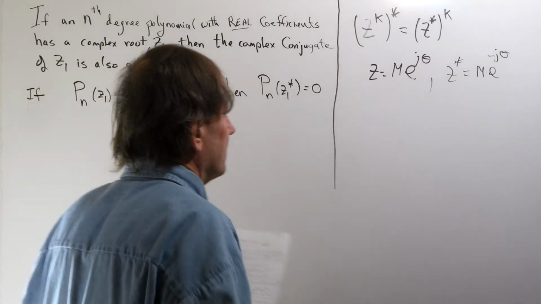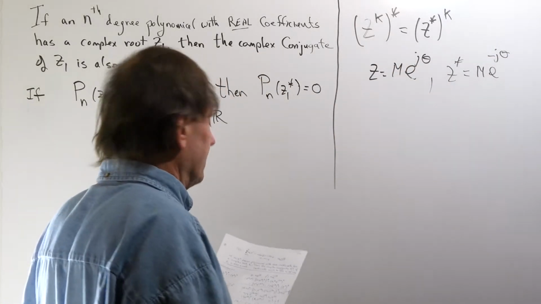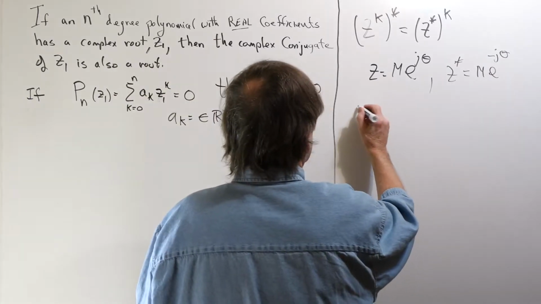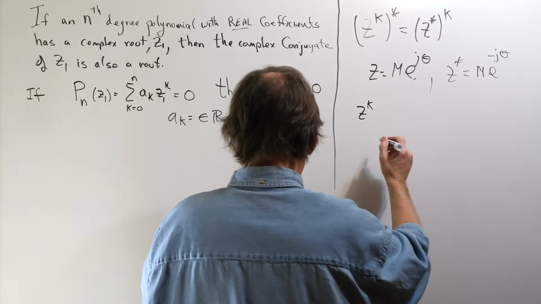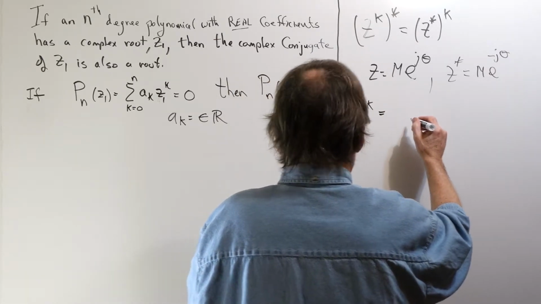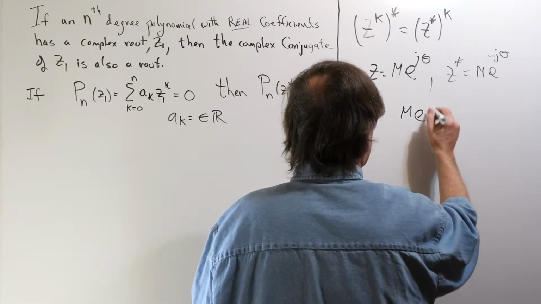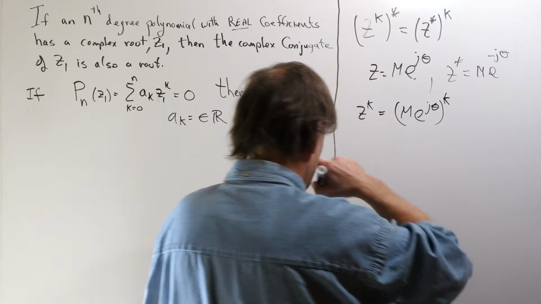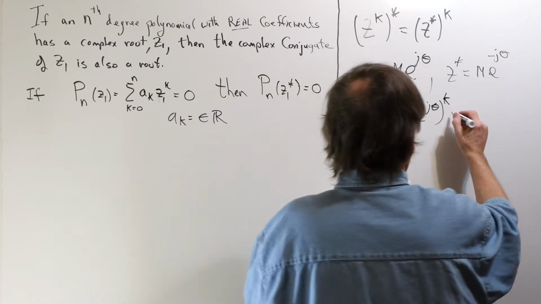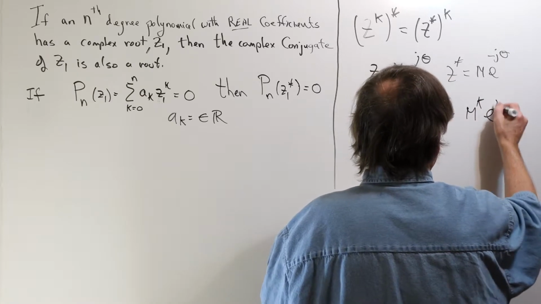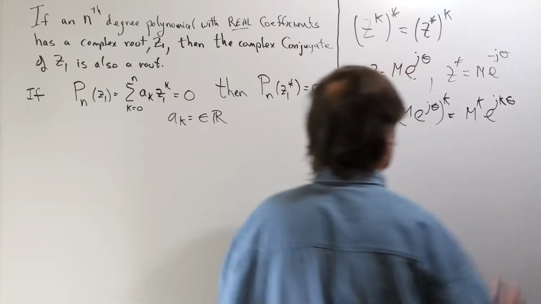I showed that in an earlier video on manipulating complex numbers. Now, if we take z to the k, we can write this as m e to the j theta raised to the k power, and this becomes m to the k power e to the j k theta.